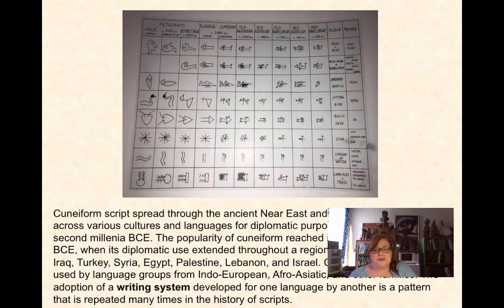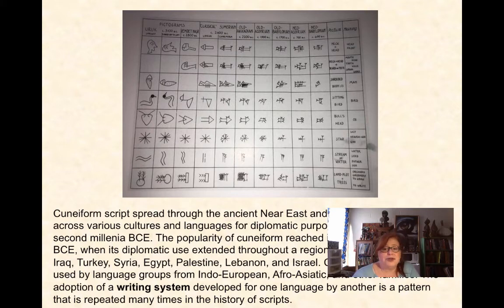So cuneiform script spread through the Near East and was used extensively across various cultures and languages for diplomatic reasons in the 3rd and 2nd millennia BCE. The popularity of cuneiform reached its peak in about 1400 BCE, when its diplomatic use extended throughout a region that included present-day Iraq, Turkey, Syria, Egypt, Palestine, Lebanon, and Israel, all across what they now call the Levant.